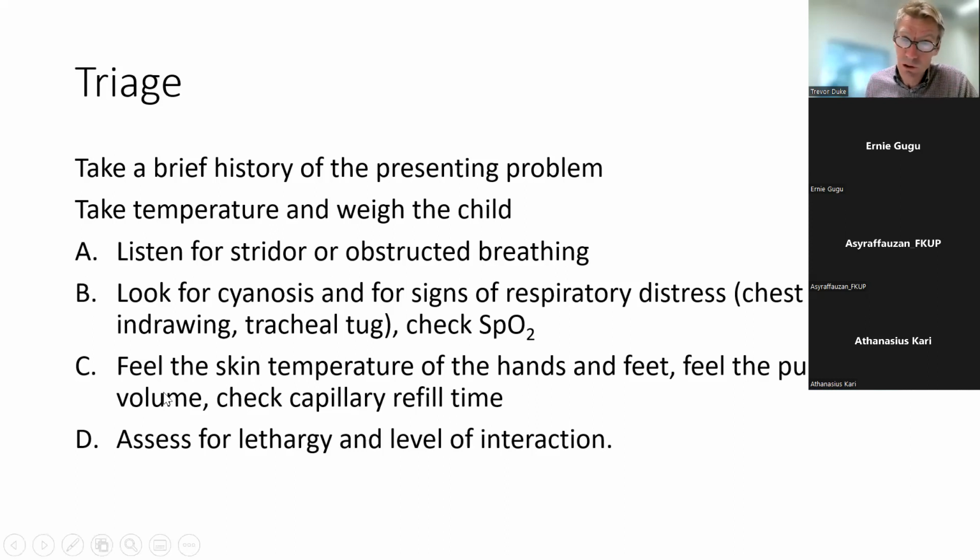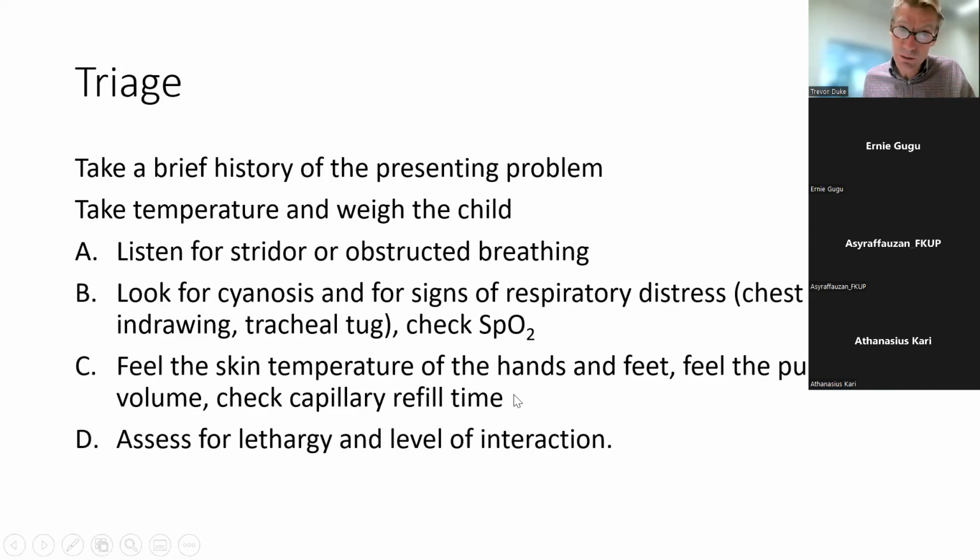You check the pulse volume. It's a good idea to feel the hands and feet of a lot of children so that you get used to what the pulses feel like at different ages and in different conditions. It's very important to be able to feel the pulse volume and assess whether it is normal or low or bounding.